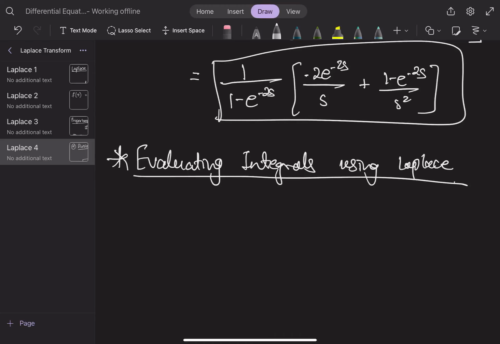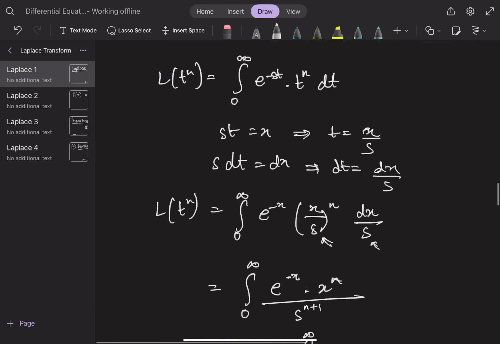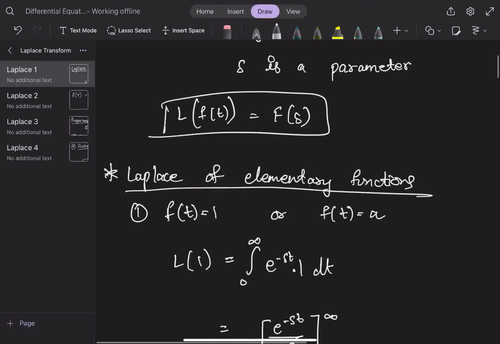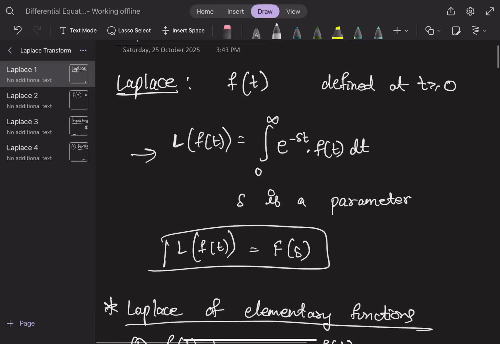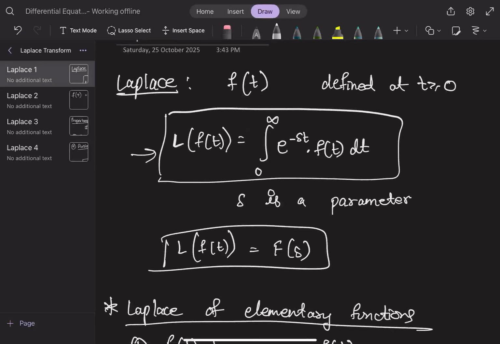So for example, you have integral 0 to infinity e raised to minus 2t sine t dt. If you remember the first formula that I showed you, which is the basic of Laplace, you can see your integral is in this format.